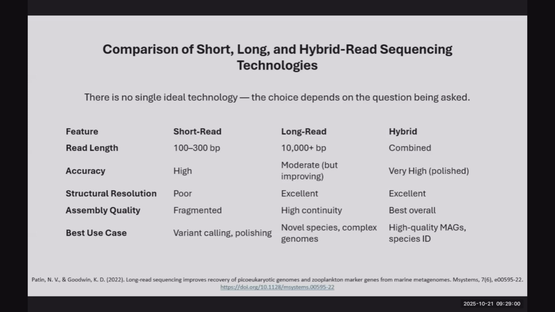And since the reads are very long, it's very easy to assemble these pieces. You don't need to bring together small pieces, because with small pieces you can have alternative solutions. You can misplace a fragment to a different location, and that can change the sequence as a result. And you can obtain novel species and complex genomes using these long read technologies.